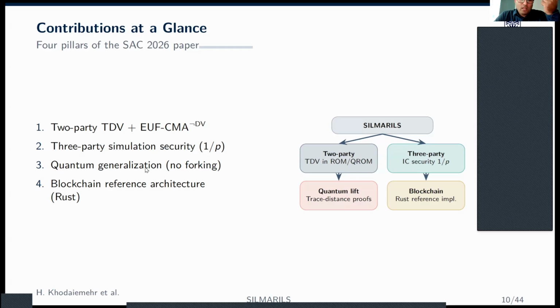Third, we generalized the Fitzi model to the quantum setting, because it was based on a classical assumption, to be able to model quantum queries. Our proof is not based on the forking lemma or rewinding techniques, which usually break when you move to the quantum setting. And we also provided a blockchain reference architecture to show the application of this scheme in the blockchain scenario. So this is our contribution at a glance.